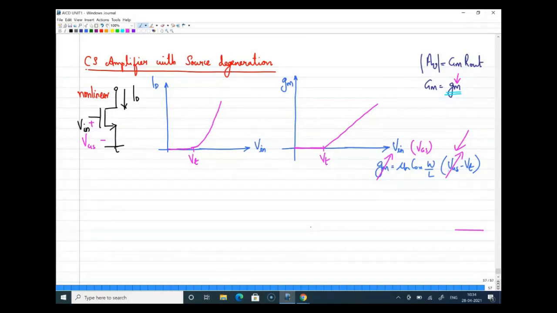Yeah. So the whole point here is, as we mentioned in the previous class, gain is equal to GM into R out.